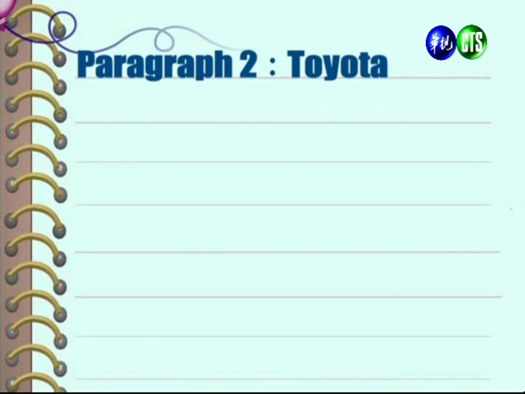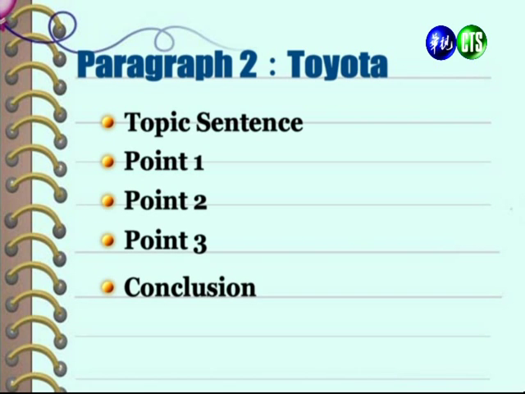And as an example, let's assume that we're still writing about Toyotas and Nissans. And so in our second paragraph, we'll only write about Toyotas. And so after we write about our topic sentence, our first point will be about the quality of Toyota.